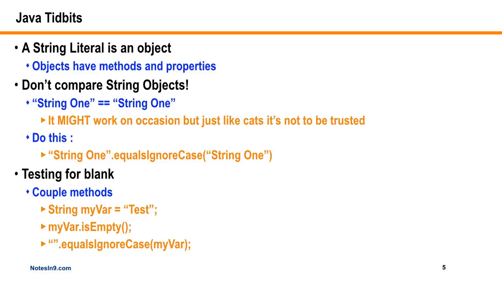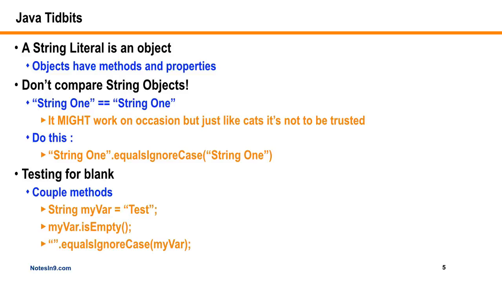Like I like to say, it's kind of like cats; they're not to be trusted. So what you typically want to do, if you're doing a literal comparison, is use this string one in quotes dot equalsIgnoreCase, and then your other string one, or that probably should have been a variable, which would have made a lot more sense.